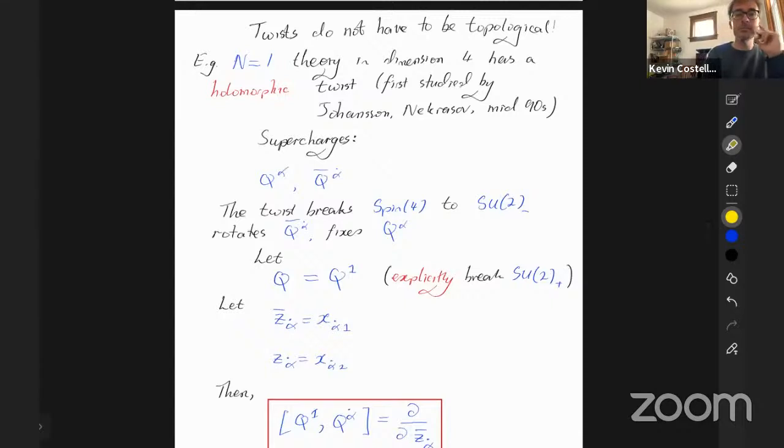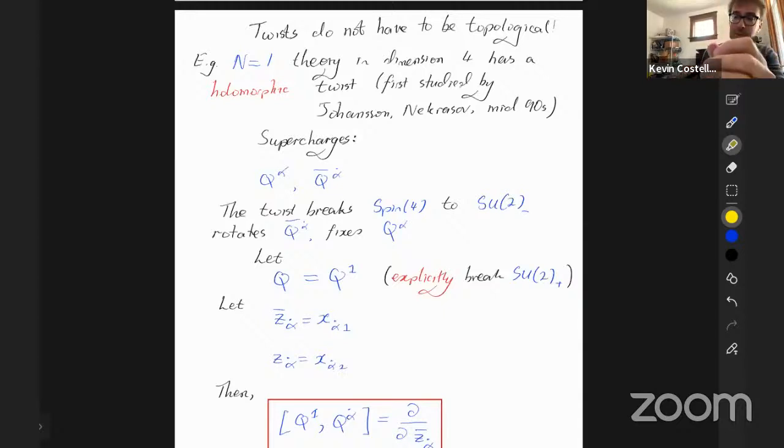Now, soon after Witten's construction, people thought about twists which were not topological. And that's going to be the focus of my lectures. So in the mid-90s, there was work by Johansson, Nekrasov, and others, where one studies the holomorphic twist of a theory with N=1 supersymmetry in dimension 4.